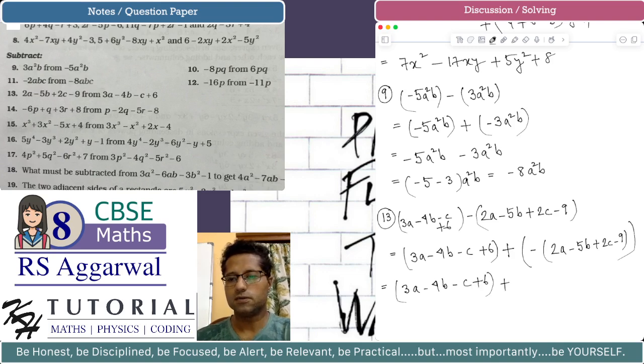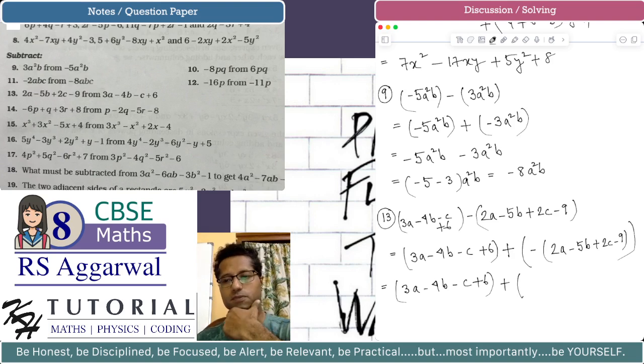Now, what is the negative of an algebraic expression? As I have already explained, when you negate an algebraic expression, the sign of all the terms changes from plus to minus and minus to plus.